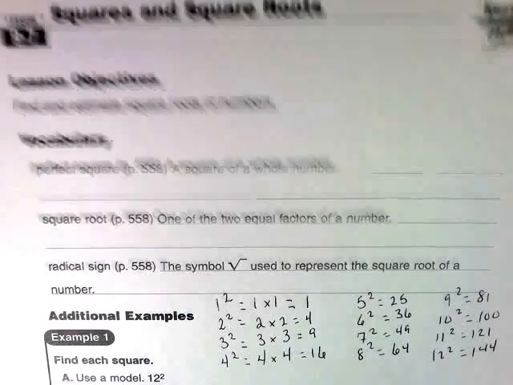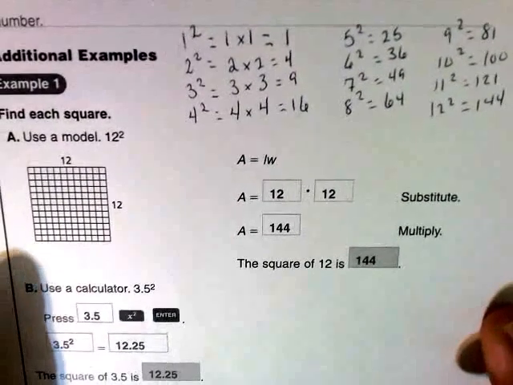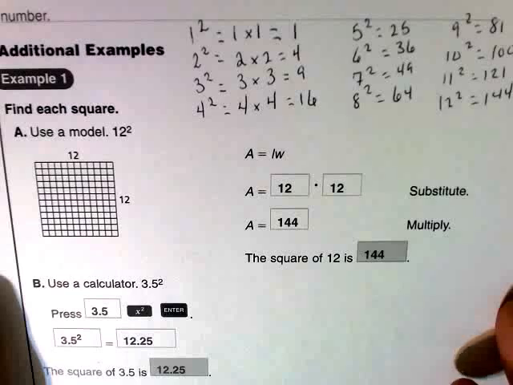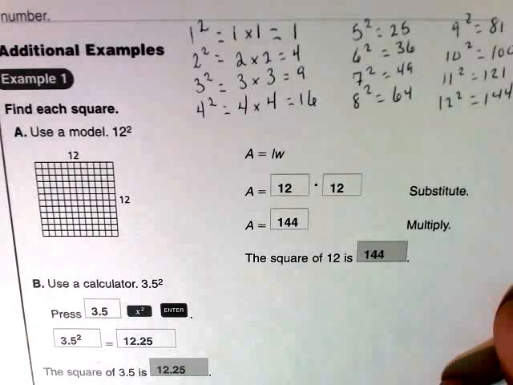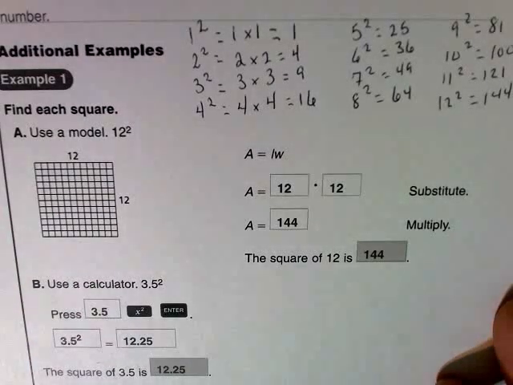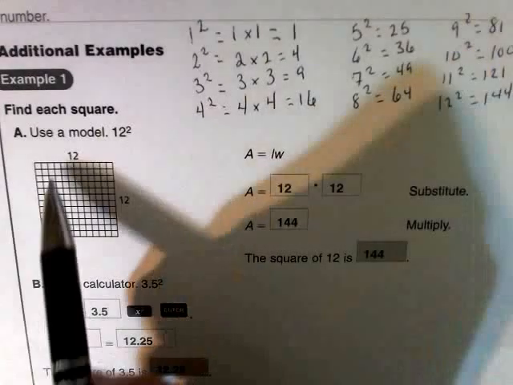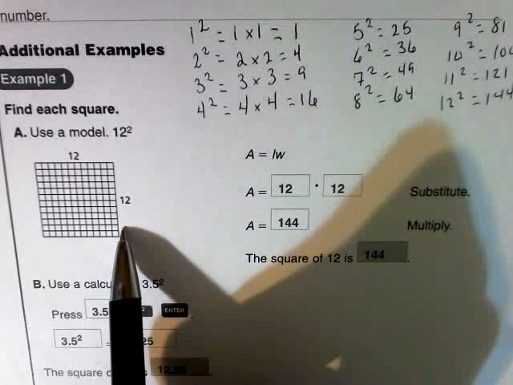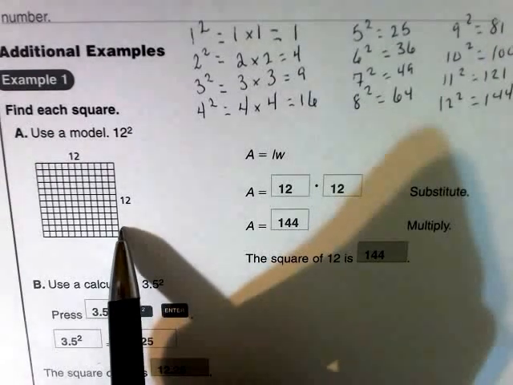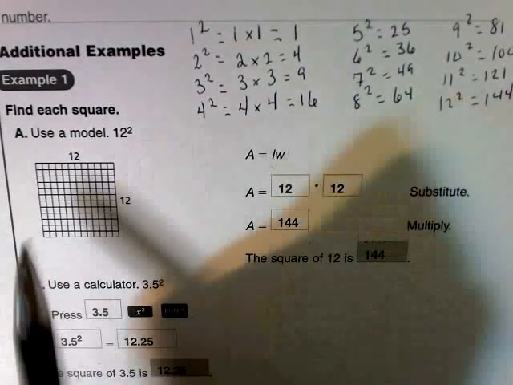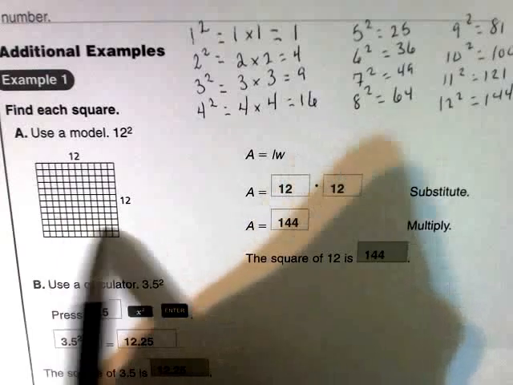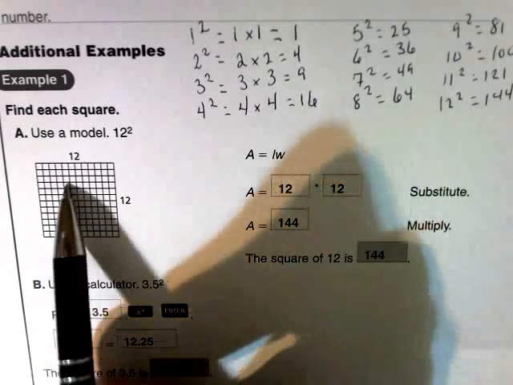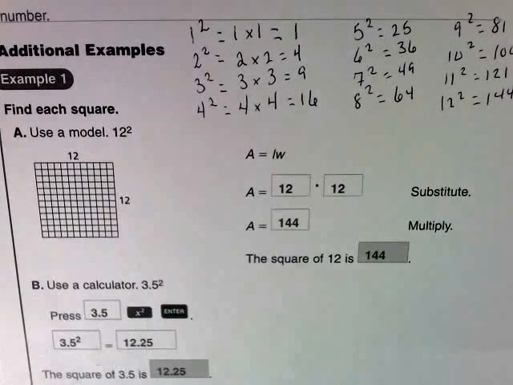All right, so in the first question here, they're asking me to use the model to find 12 squared, to find the square. Well, as you can see, what they did here is they laid out 12 grid boxes in terms of length and 12 grid boxes in terms of width, and then they multiplied those together. Well, when they did that, as you can see, that lays out 144 smaller grid boxes here, so 12 squared must equal 144.